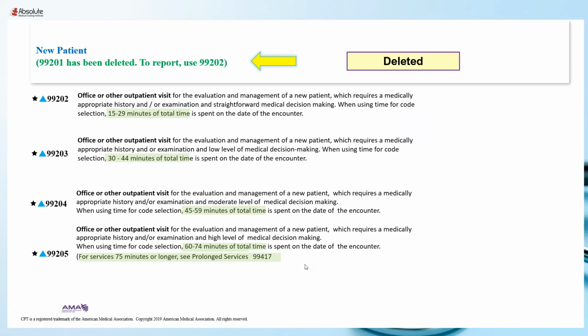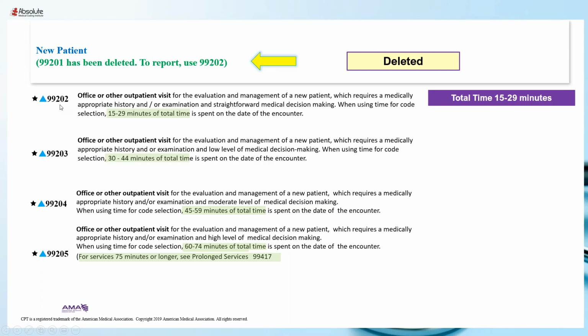And these don't look like the codes in your manual. Just pay attention to the code. I have it really big so that we can really explore the language, but specifically the total time of each code. So if we look at 99202, the total time of the encounter is 15 minutes to 29 minutes.